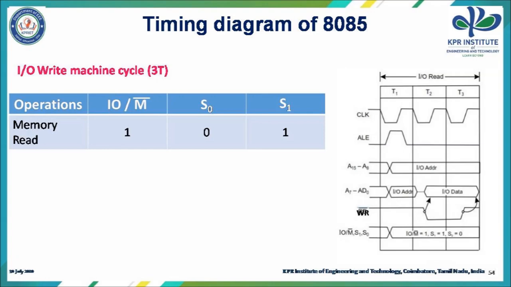A8 to A15 always carry the higher order address. Here IO/M bar, S1, S0 is equal to 1 0 1, and the write bar pin is used because this is a write operation, and this write bar pin is made low during T2 and T3 whenever the write operation is performed by D0 to D7 pins.